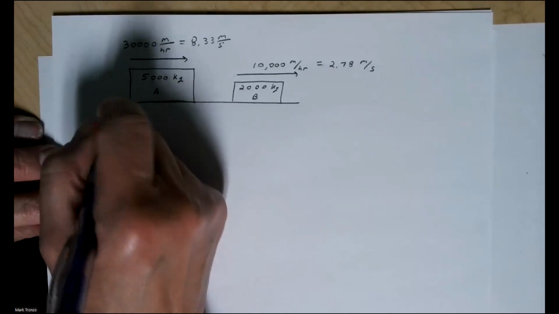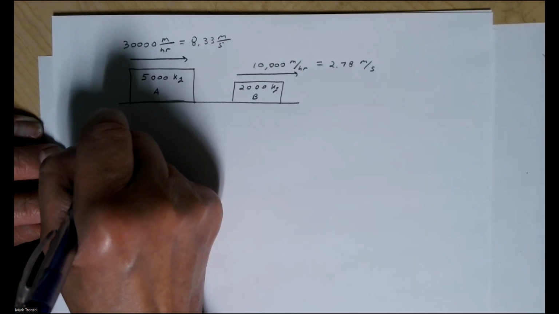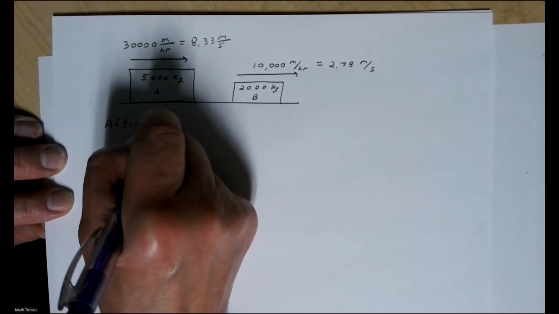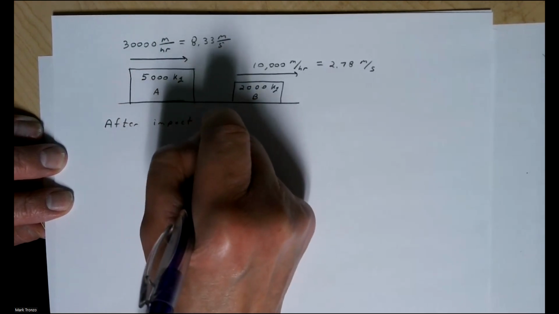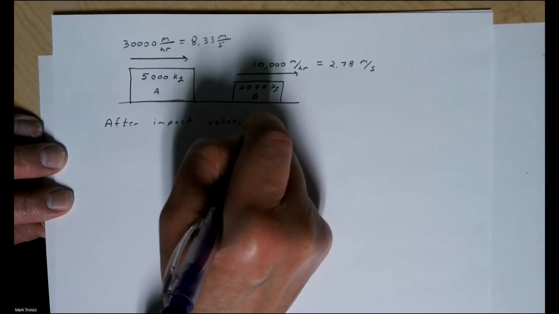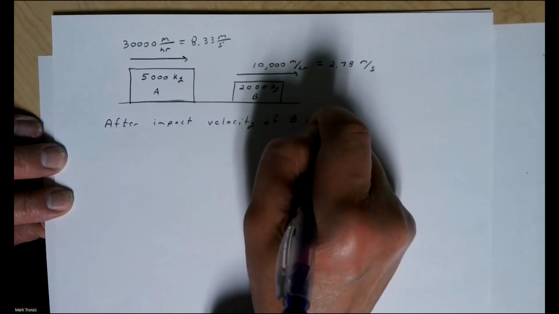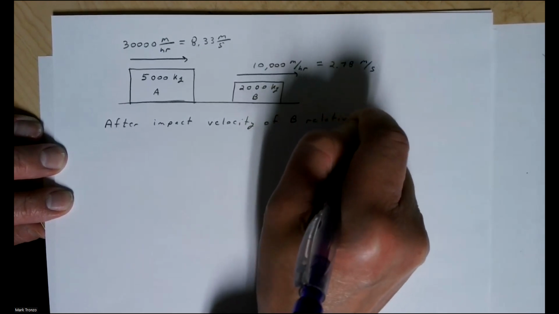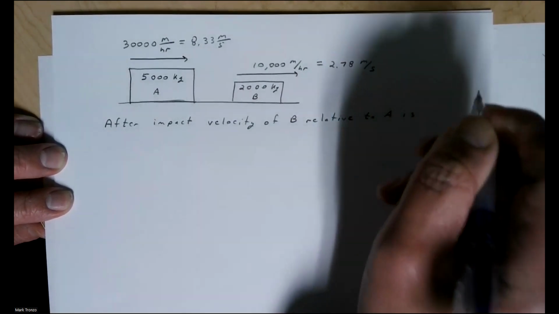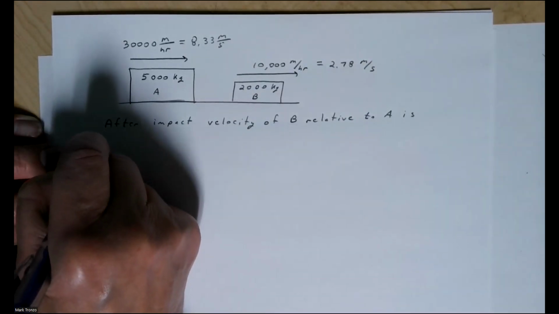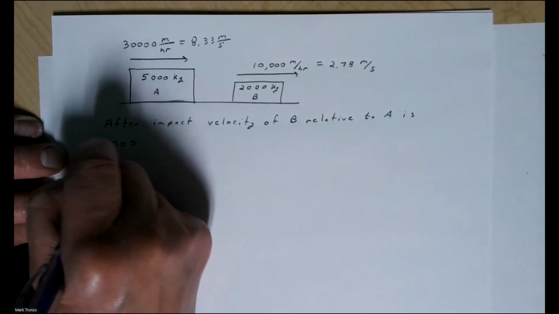So after impact, the velocity of B relative to A is 15 kilometers per hour, or again, 15,000 meters per hour.